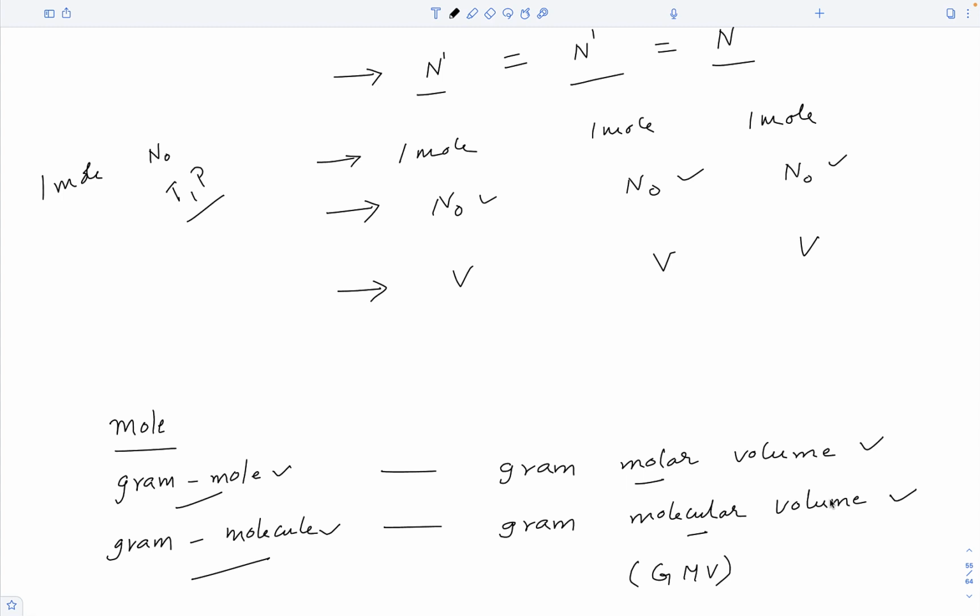And because 1 mole of all gases contain the same number of molecules, gram molar volume is the same for all gases at the same temperature and pressure.